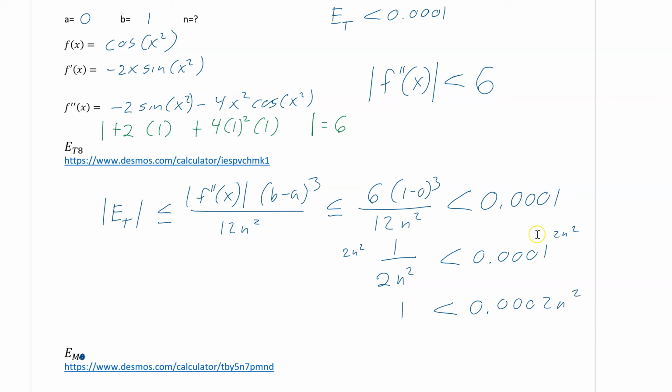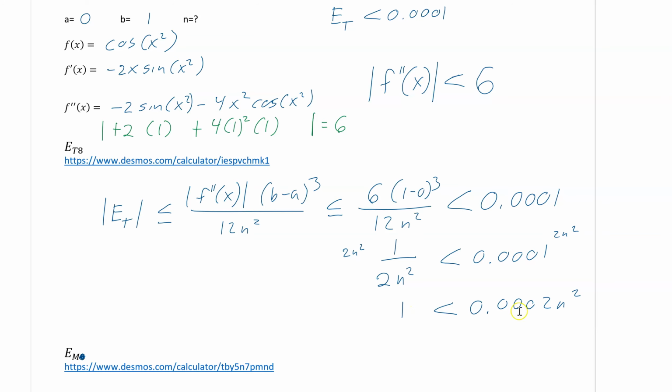And you could have also just said this right here is 1 over 10,000, and then said 2n squared equals 10,000 and gone from there. But I'm already here, so now we're going to divide both sides by 0.0002. And again, make sure you don't introduce a negative. If you multiply or divide by a negative, the inequality flips.